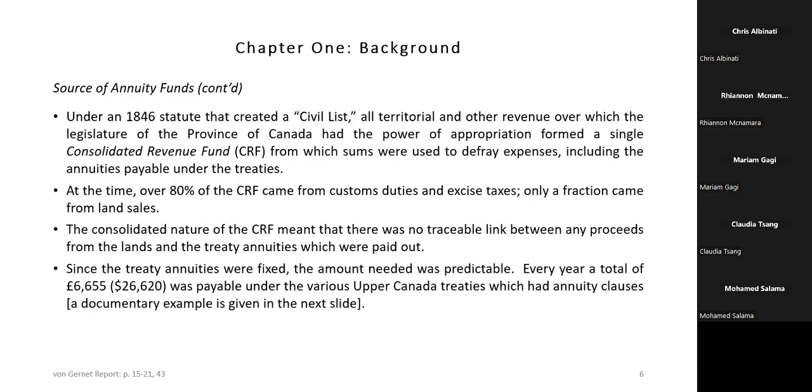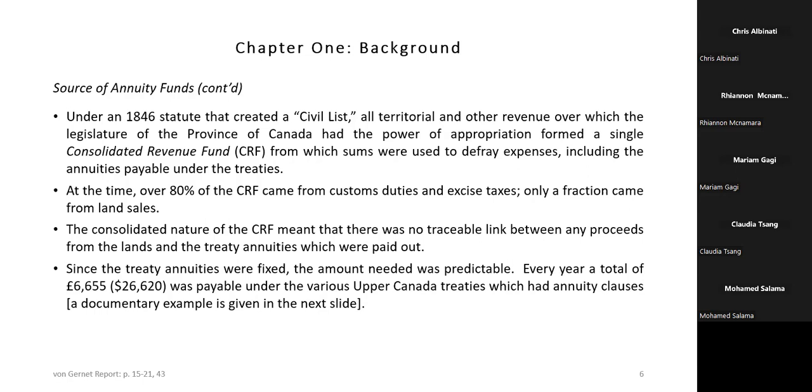And as I said earlier, Your Honor, there is this figure that we see over and over again. It continues all the way up to 1869, the same amount: $26,620.